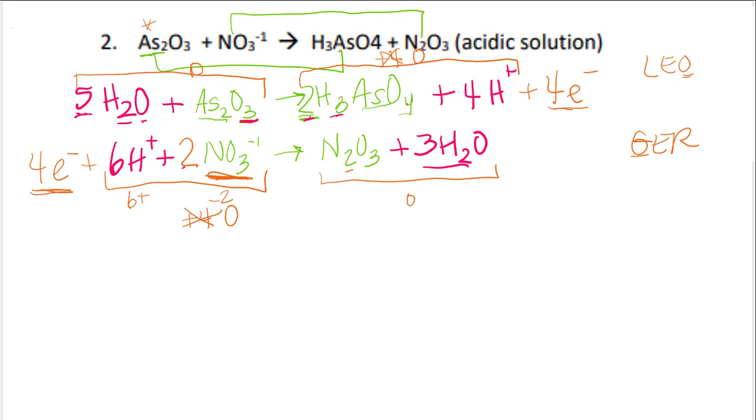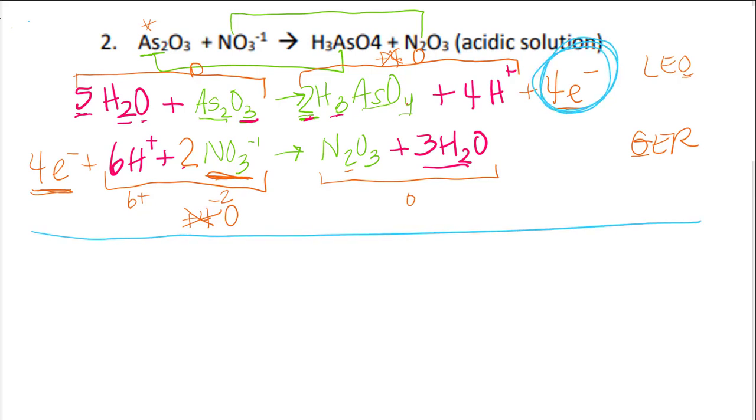Let's do our combining here. Notice that on the right side, I love it when this happens. I have 4 electrons on the right and I have 4 electrons on the left. So we don't have to do that distribution of coefficients because we can just go, hey, look, the 4 and the 4 cancel out. So we can just bring down everything.